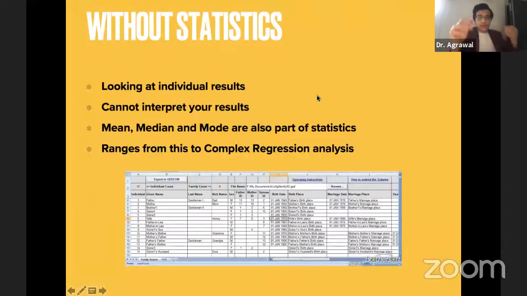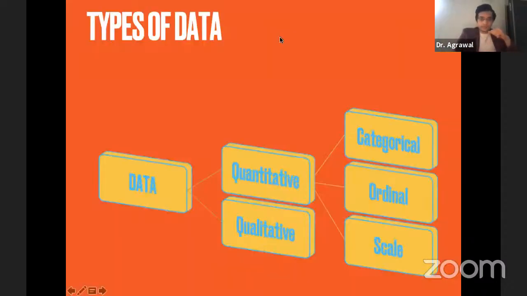Without statistics, you'd be looking at individual results. You cannot interpret your results. Mean, median, mode are also part of statistics. And this ranges from simple means to complex regression analysis. So statistics is in everything and anything you do. Otherwise, you'd be reporting individual data in your paper, which would be unreadable.